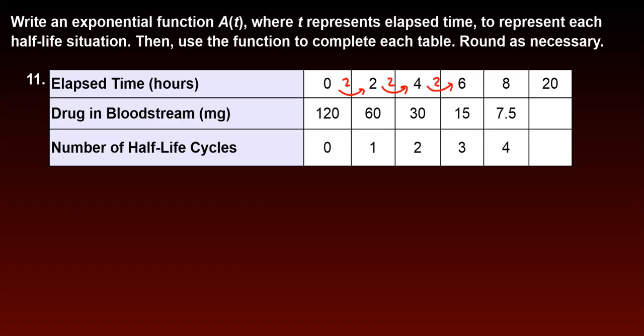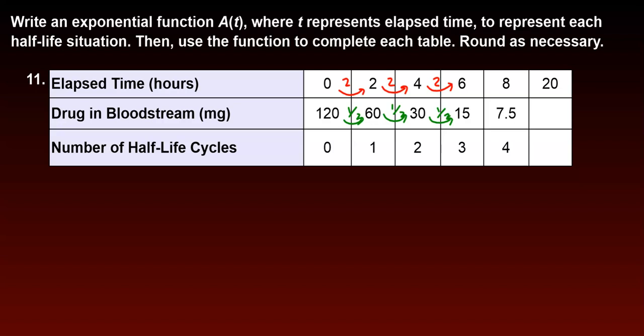And then the half-life for this is after 2 hours, it'll have gone from 120 to 60, so this is our half. From 60 to 30, this is half. From 30 to 15, this is half. So each 2 hours it's going down by half the amount it started at.